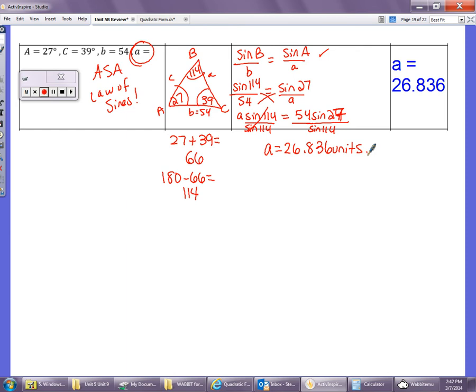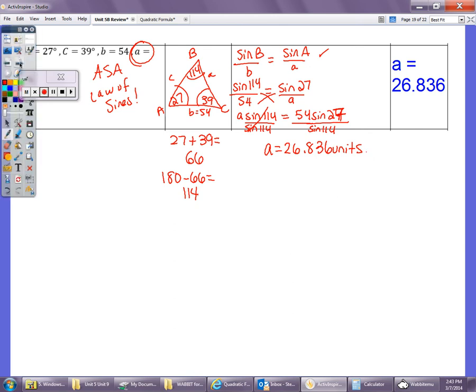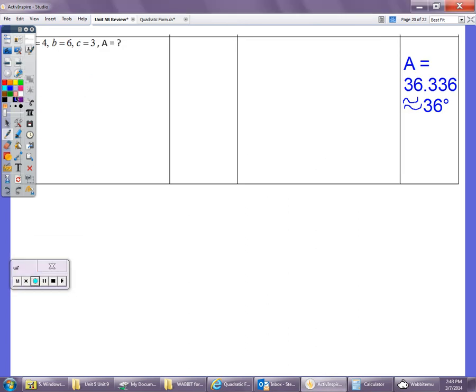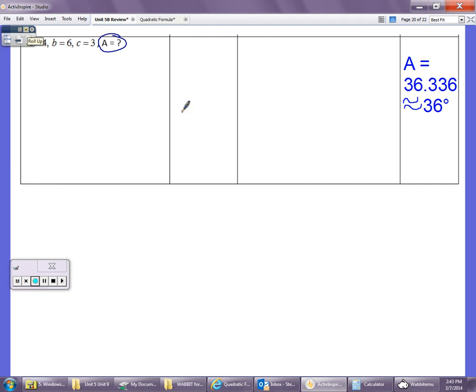Okay, so far, most of these have been pretty short, not very long or extensive on how to solve it. But the last one is going to be a little bit long because you need to do... Oh no, it won't be that long because you're only solving for the angle. You're not solving for anything else. Okay, so the last one, you're solving for capital A, which means you're solving for an angle.